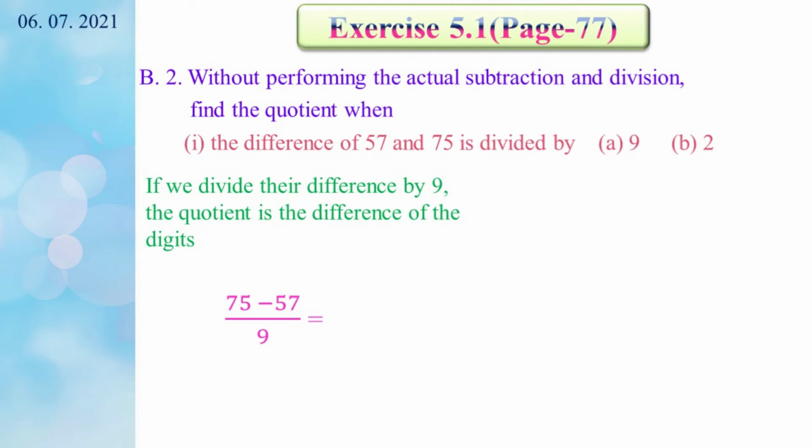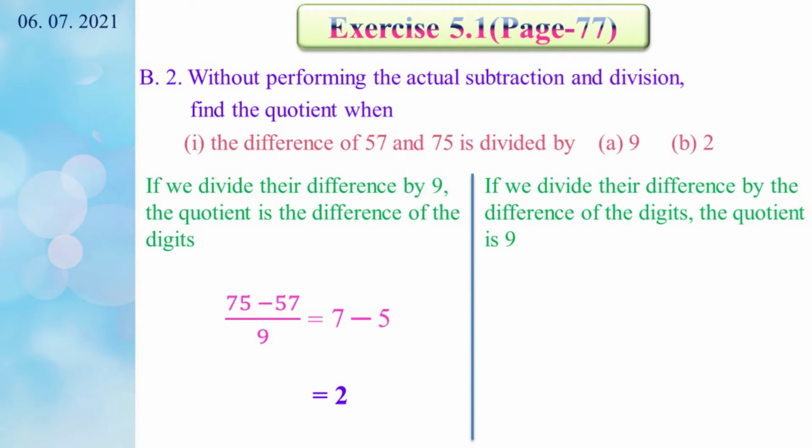Yes, 2. So 75 minus 57 is divisible by 9, and the difference of the digits 7 minus 5 is 2. The quotient is 2.